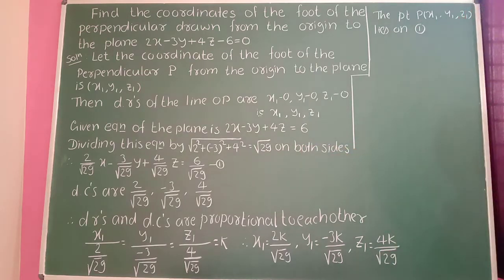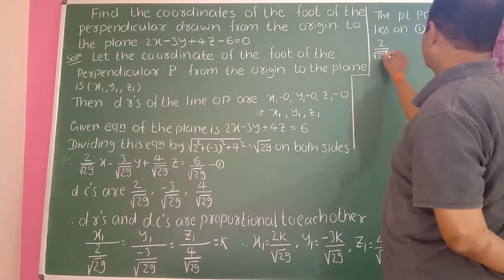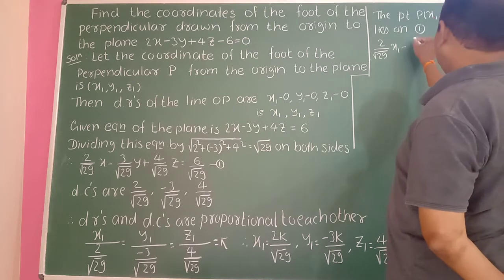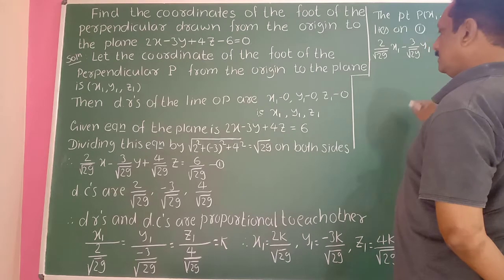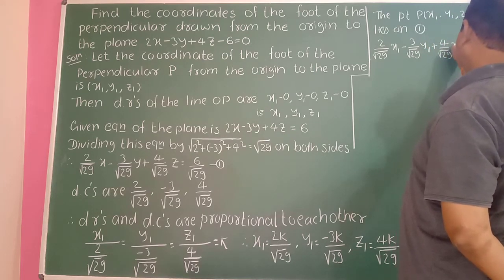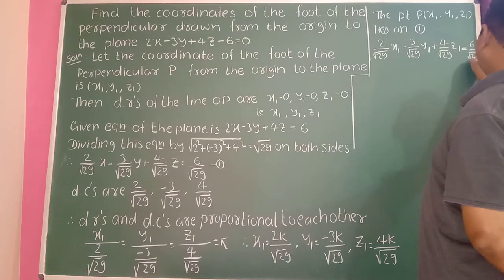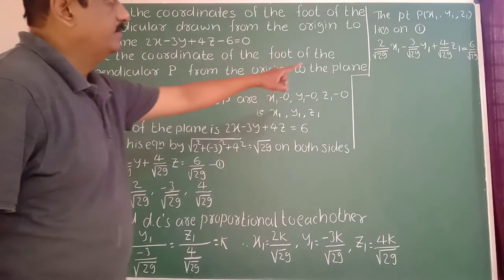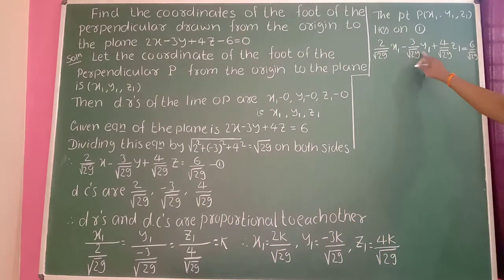Therefore 2 by root 29 into x1 minus 3 by root 29 into y1 plus 4 divided by root 29 into z1 is equal to 6 divided by root of 29. Just replace x by x1, y by y1, z by z1. But x1, y1 and z1 are known, so replace here.